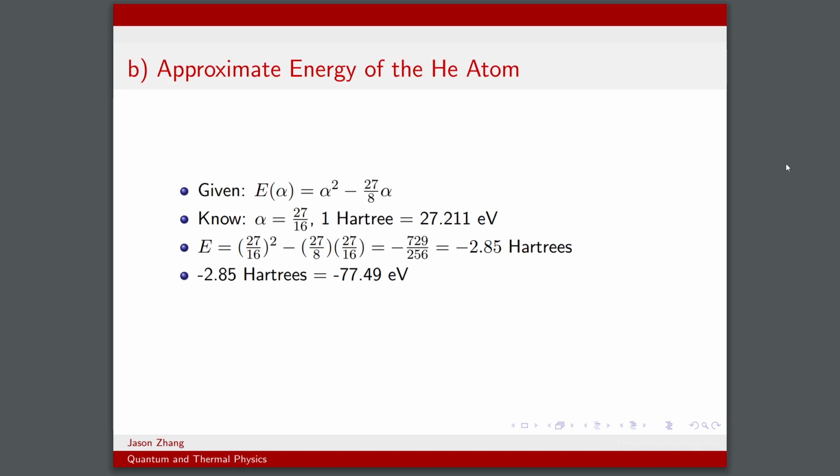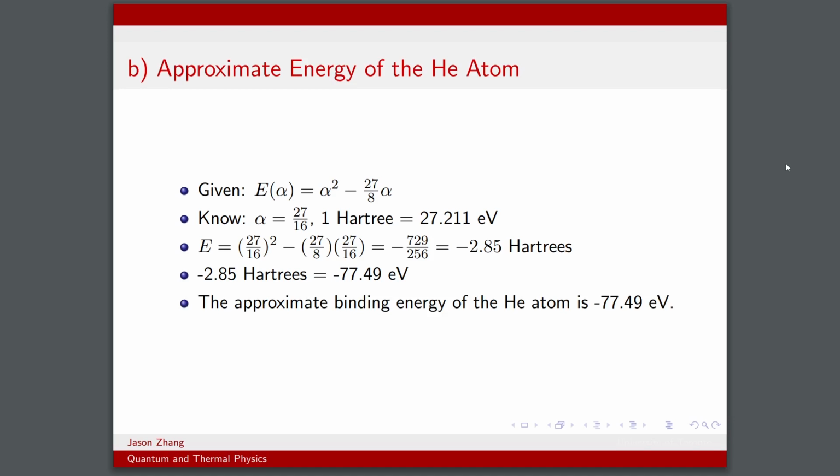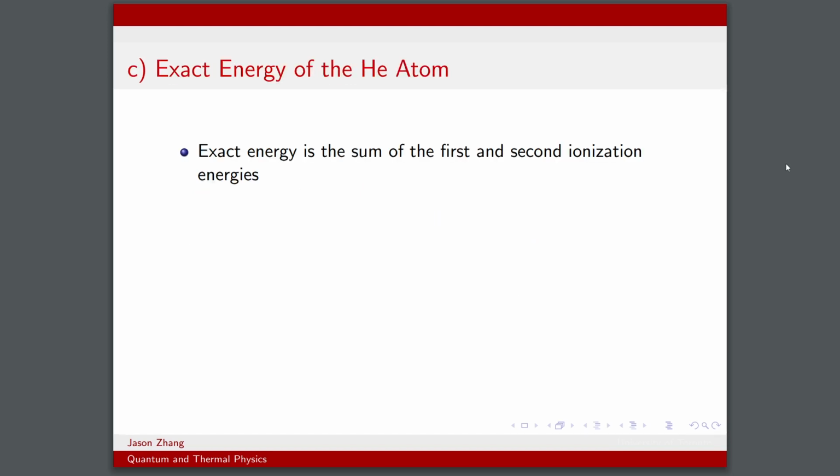It's negative 77.49 electron volts. So therefore, the approximate binding energy of the helium atom, the energy contained in the attraction between the protons and the electrons, is negative 77.49 electron volts.